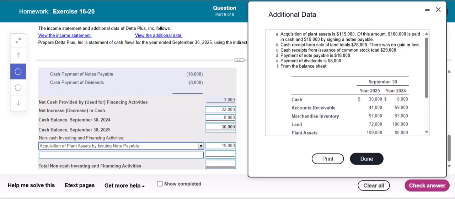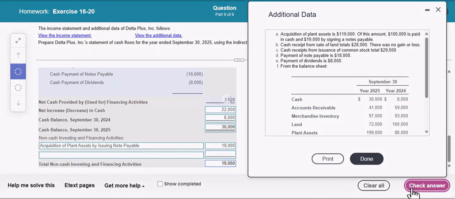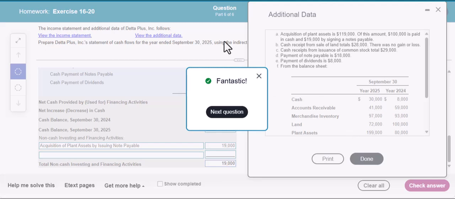And we leave this number as a positive because cash isn't either going up or down, which makes this the only item in the non-cash investing and financing activities. So we'll go ahead and input that number here as well. Drop it down. And then we can go ahead and check our answer. Fantastic. And that is how you complete a statement of cash flows.